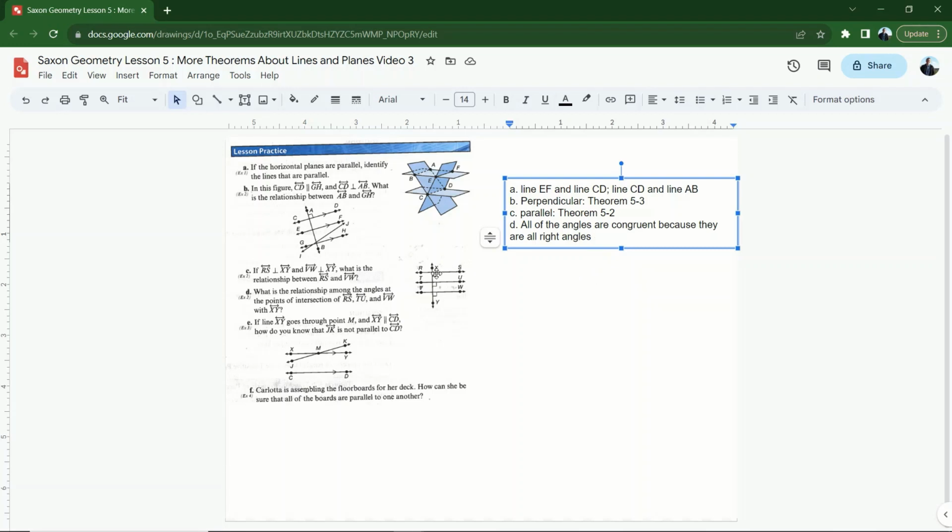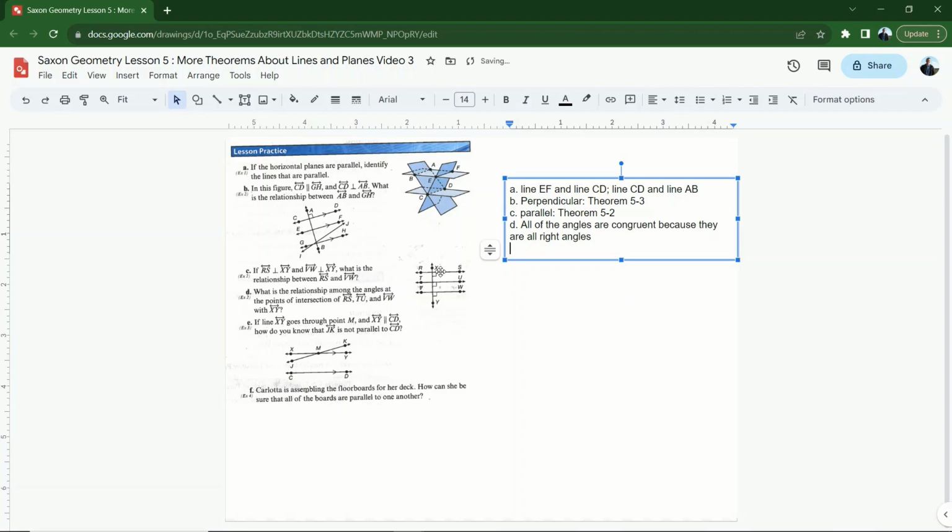So all these right angle signs must be next to right angle signs, and those must be next to right angle signs, and those must be next to right angle signs. So all of those angles have to be right angles, and they're all congruent because they are all right angles. So I use theorem 5.4 and theorem 5.6 in answering that question.